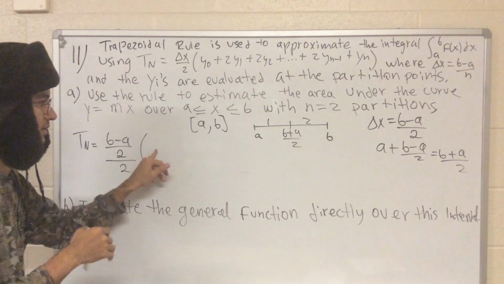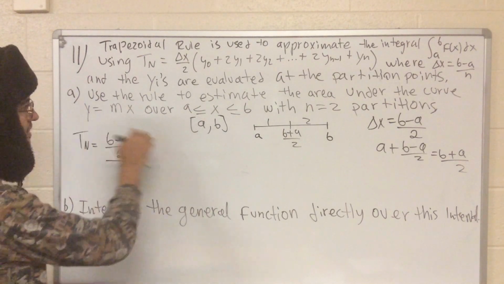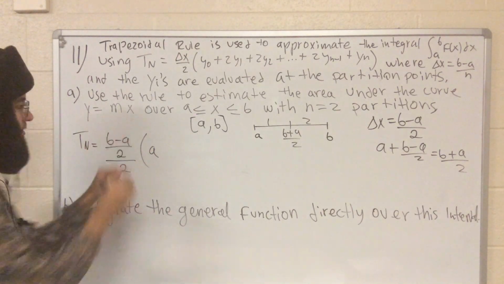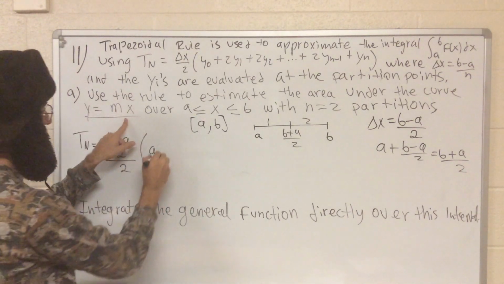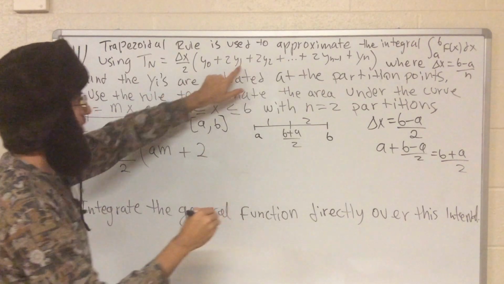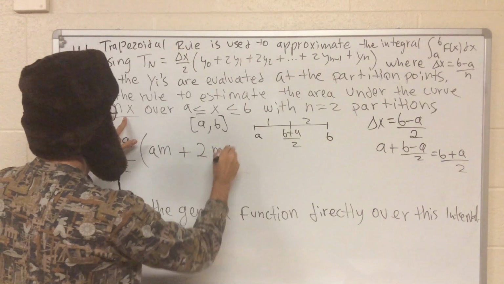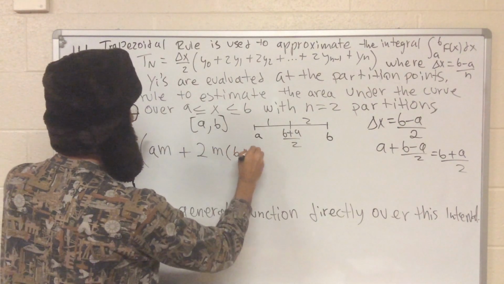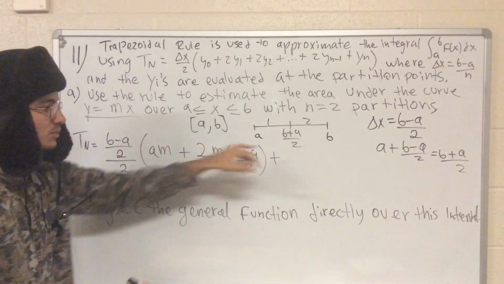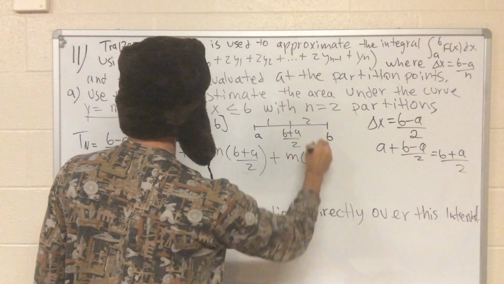In this case y0 will just be a times m, because this is the function we're trying to integrate. So a times m plus 2 times y1, which will be m times b plus a over 2, and then plus y final, which will be m times b.